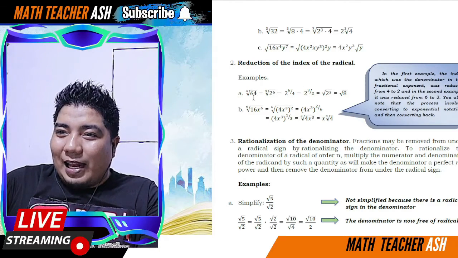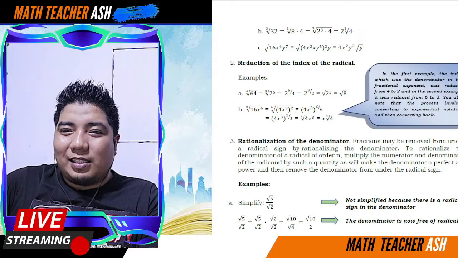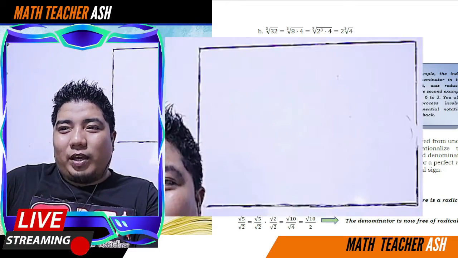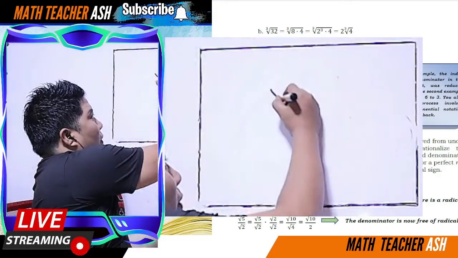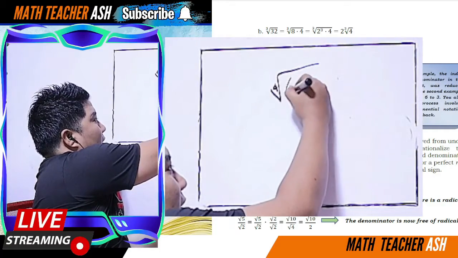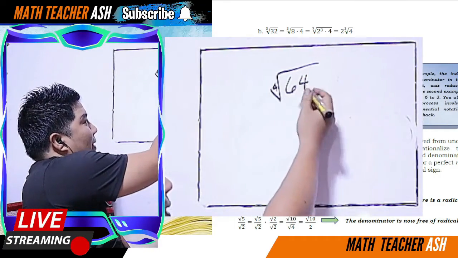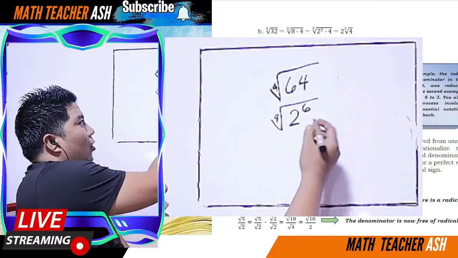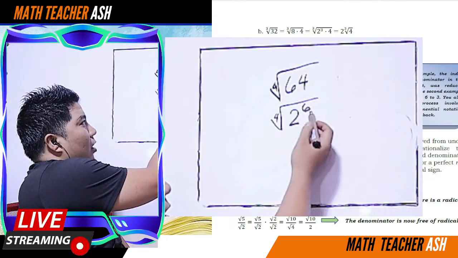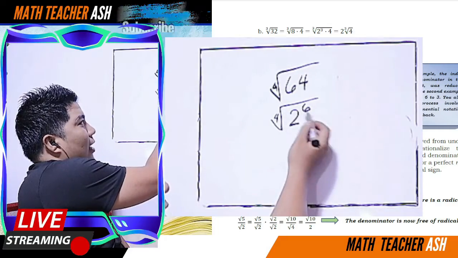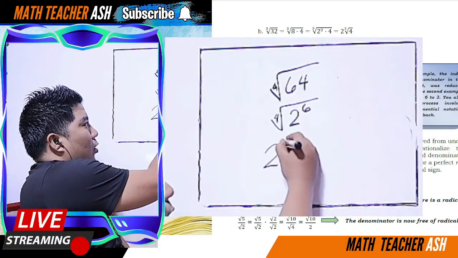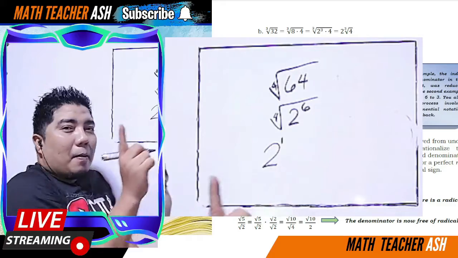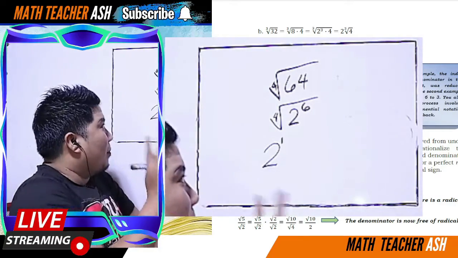Alright, so, let me show you how this is done in a different way. Okay. So, we have here the fourth root of 64. Alam natin ang 64 ay 2 to the power of 6. Of course, 6 and 4, pag i-divide natin itong dalawa, ang sagot ay 2 to the power of 1. Tama? May 1. Pero sobra ng dalawa. Okay, may remainder 2.